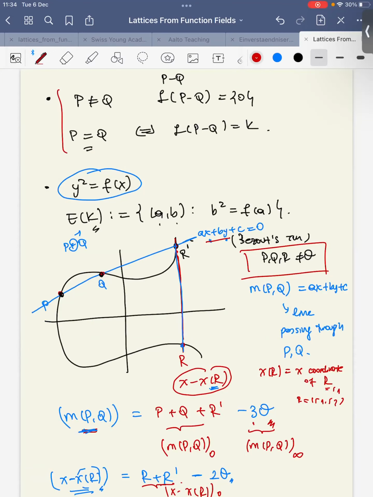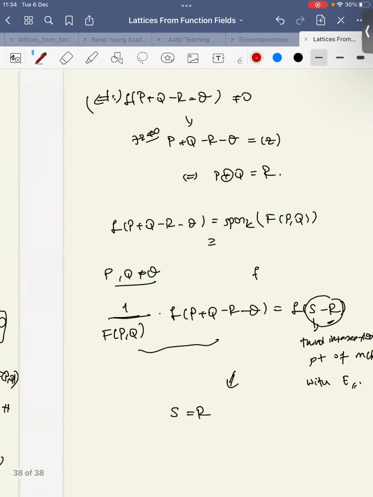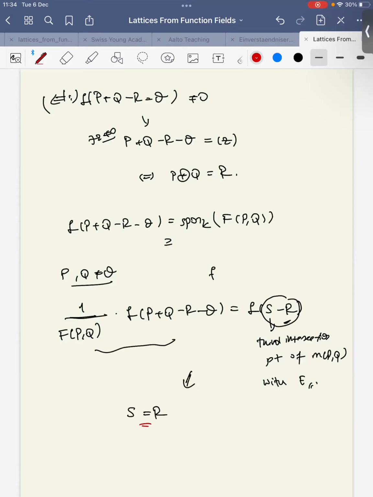So by this fact, we can conclude that S is indeed equal to R. Then the Riemann space of S minus R is equal to FQ, the base field in our function field. So automatically we can see that this Riemann space is spanned by this function.